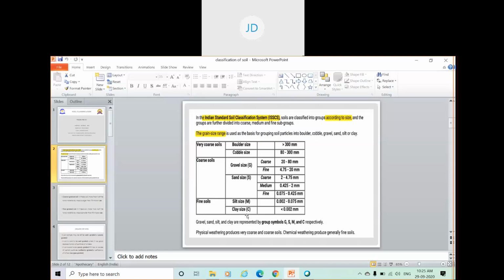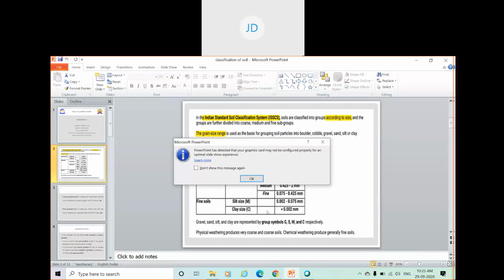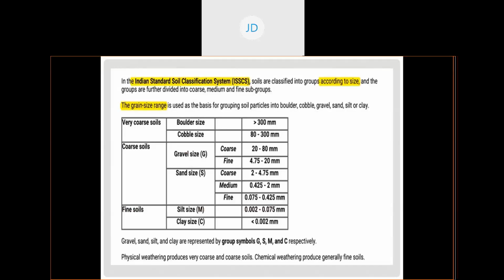You can see this in the PPT. Let me go to full screen. Right now I'm talking about the Indian Standard soil classification system.